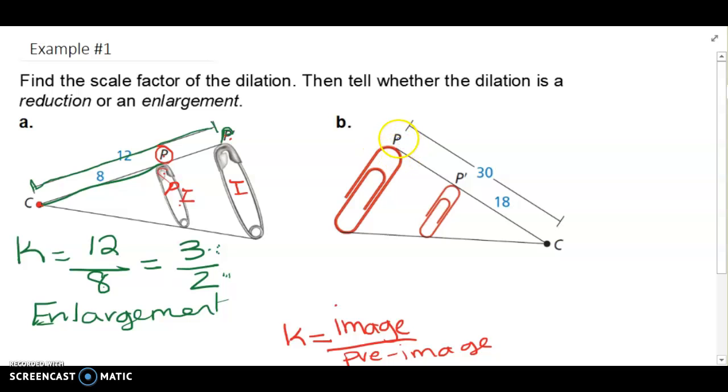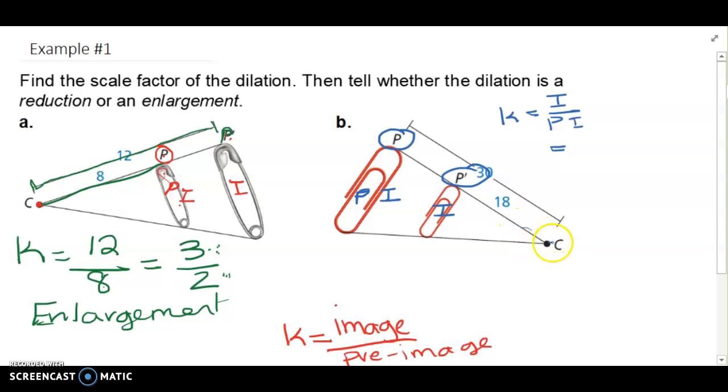All right, if I look at this, my P comes before my P prime. So my P is my pre-image, and my P prime is my image. Scale factor is image over pre-image.